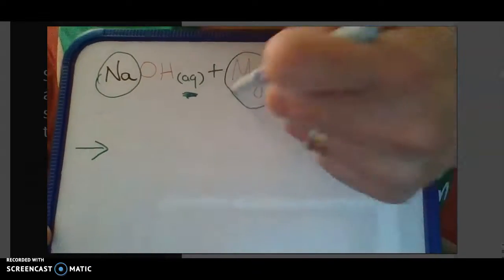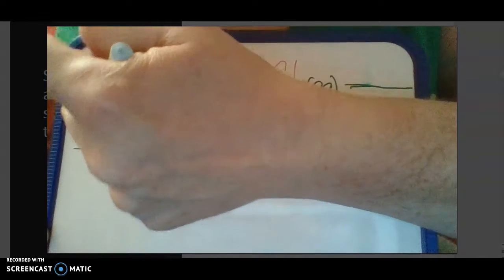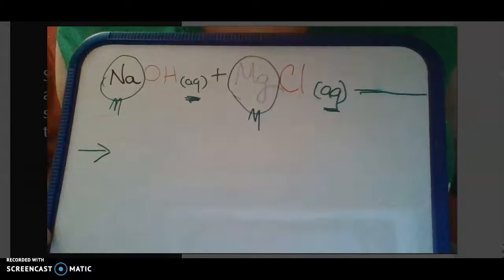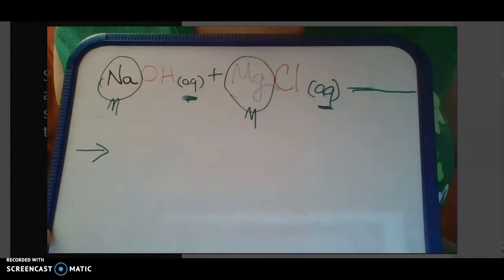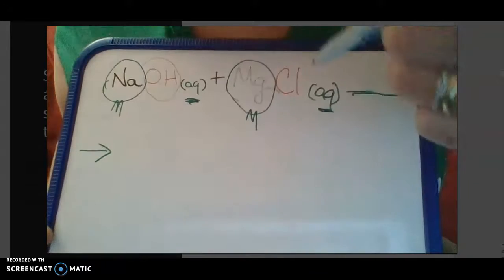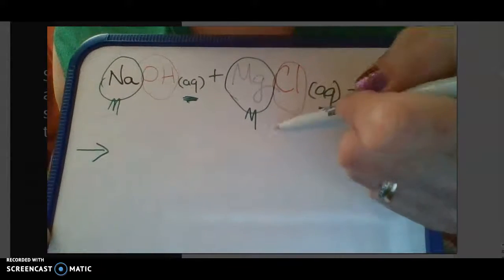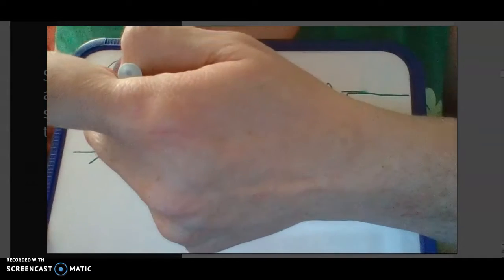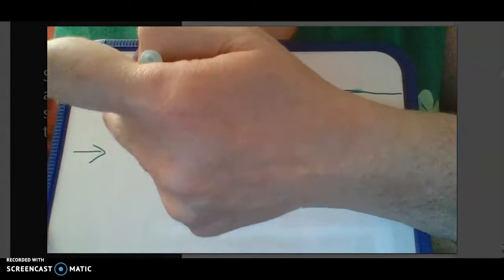We have this and we have this. This is a metal. This is a metal. We have this and we have this. This is a non-metal. This is a non-metal.